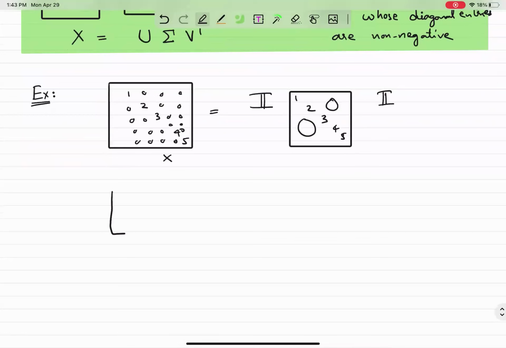Let's do another case, which is, let's say the matrix is 1, 0, 0, minus 1. Okay. So maybe let's say minus 2. So what would be singular value decomposition here? It's kind of almost in that format, but we need the diagonal entries to be non-negative.